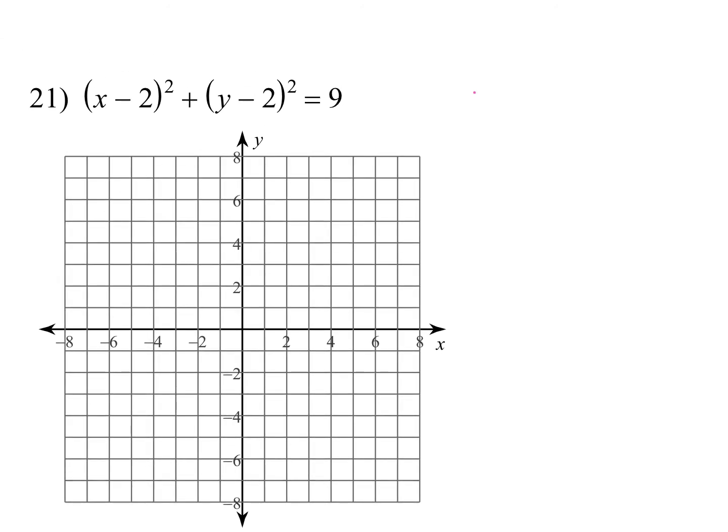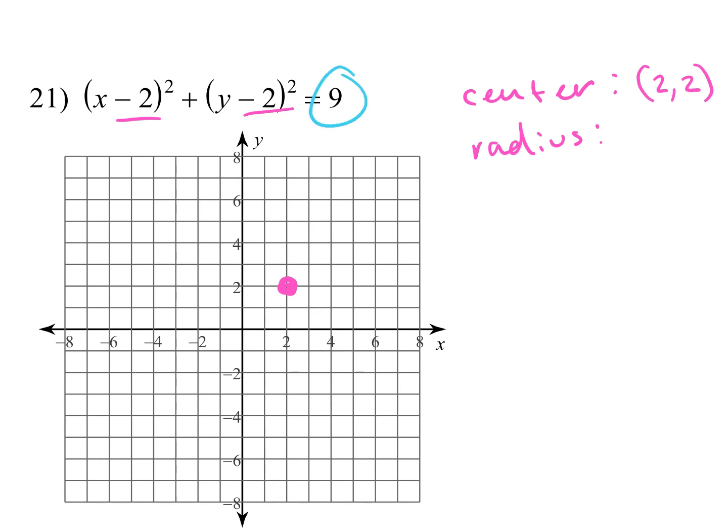So again, we want to figure out our center and our radius. Our center comes from these points, and we just flip the signs. So that would be positive 2 and positive 2. Let's plot our center. Go to the right 2 and up 2. And then we need to put our radius. So r squared is equal to 9.